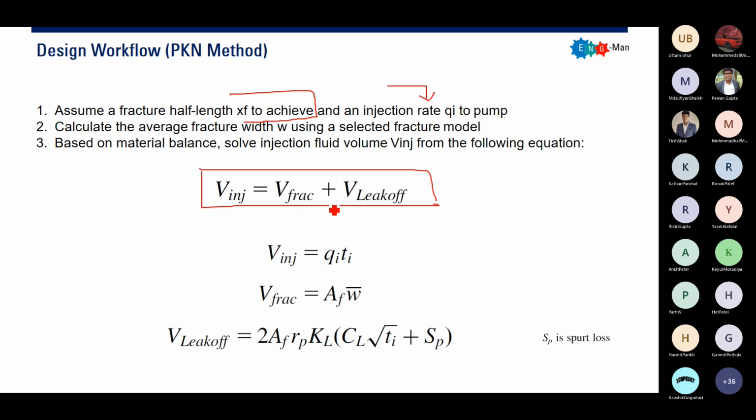Okay, and then the volume of the injected fluid is the injection rate multiplied by pumping time, and the frac volume is the cross-sectional area of the frac multiplied by width. Okay, and then the leak-off volume, it is quite tedious. It involves many parameters, as you can see. Okay, we will skip that. We will skip this topic, the leak-off, but it is also interesting to learn.